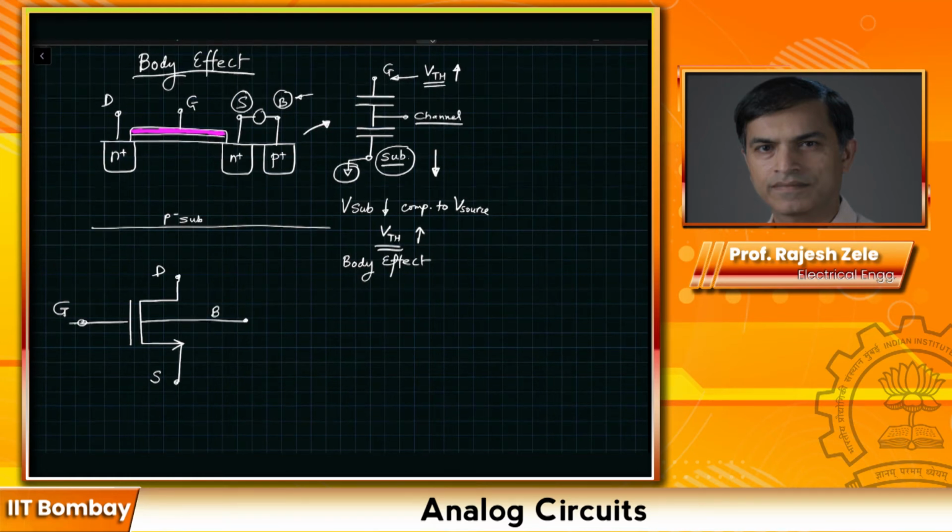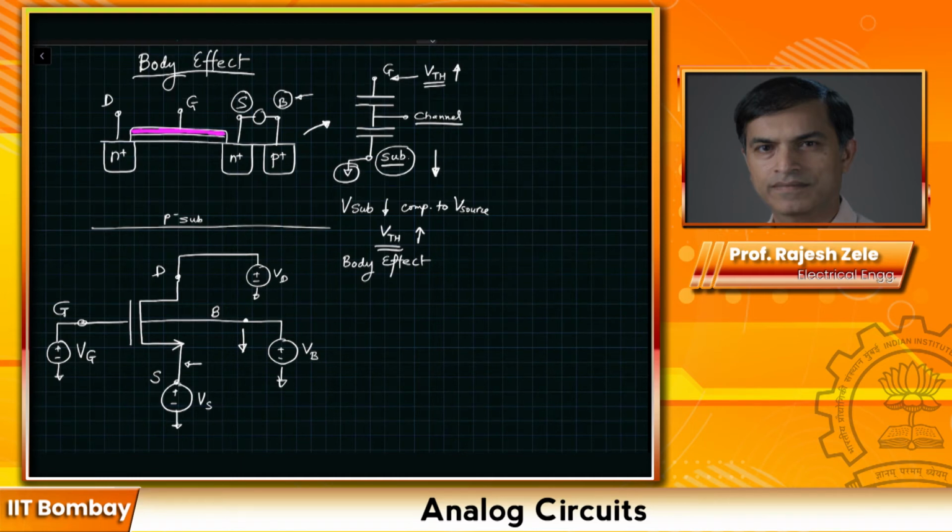And we can draw different voltage sources to keep things general. Let's say there is a VG applied, and let's say there is a VD applied, and we say there is a VS applied to make it more general, and there is a VB applied. So what body effect is telling us is, if I decrease this bulk voltage below the source voltage, VS, then the threshold of the transistor will increase.